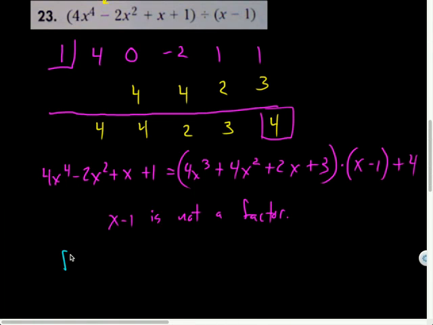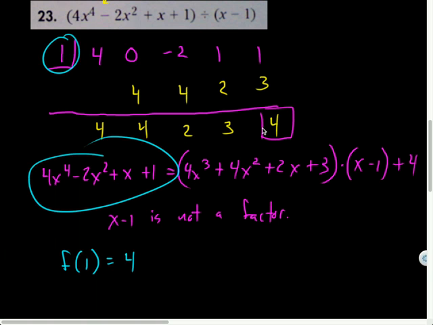If I was considering what information this told me based off of synthetic substitution, I would know that f of 1 is equal to positive 4. Where if I plugged this in for x into the original problem, the output would be 4. So there's that kind of interesting relationship there. Okay? So are we all good on that then?